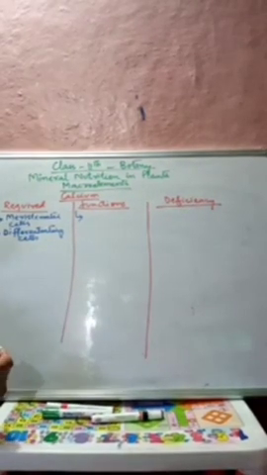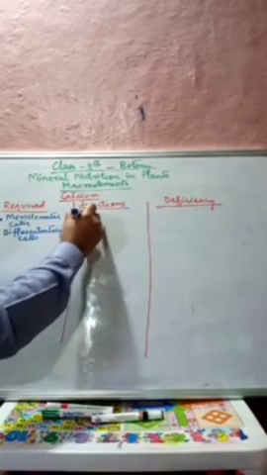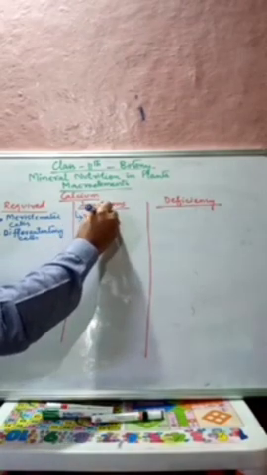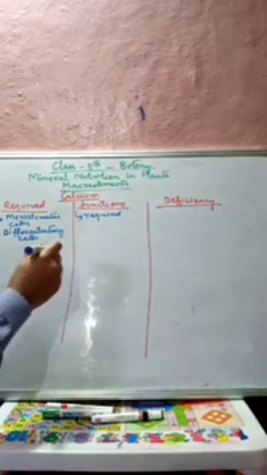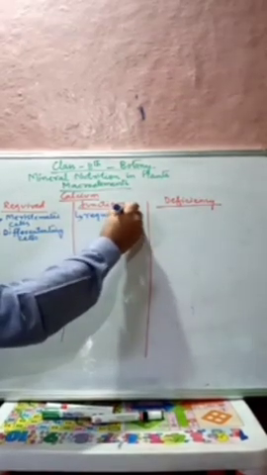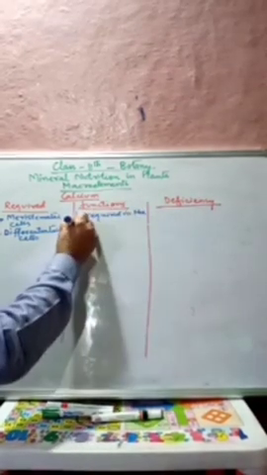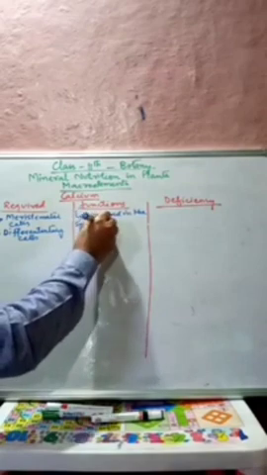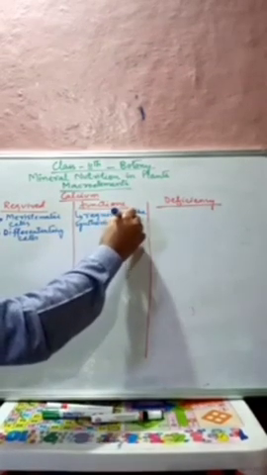First, the first function is that it is required in the synthesis, in the manufacture of pectin. Where is pectin found?